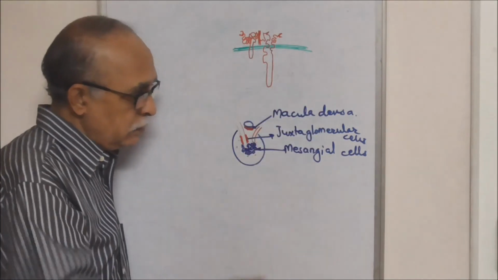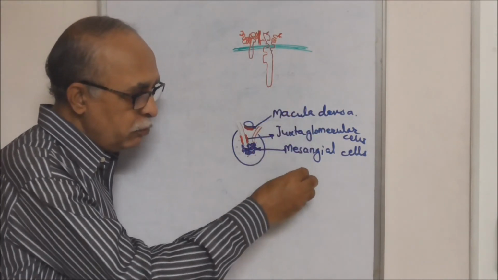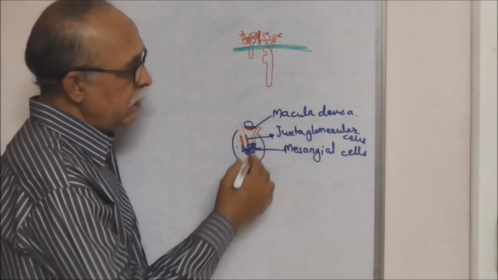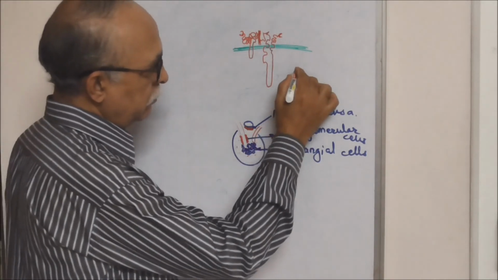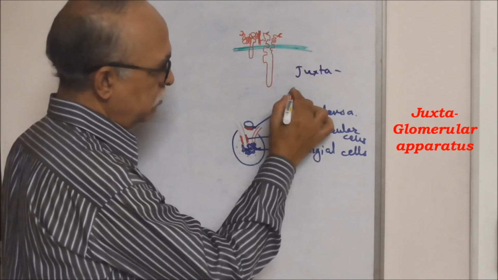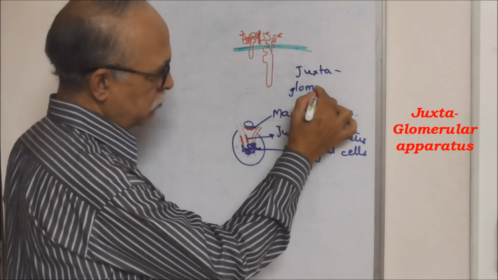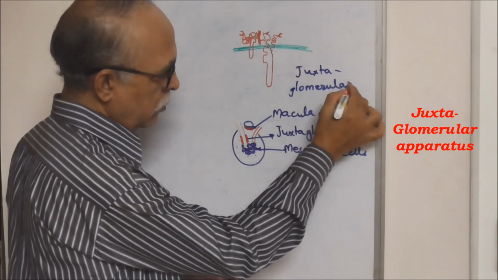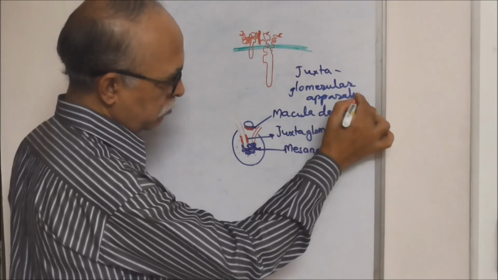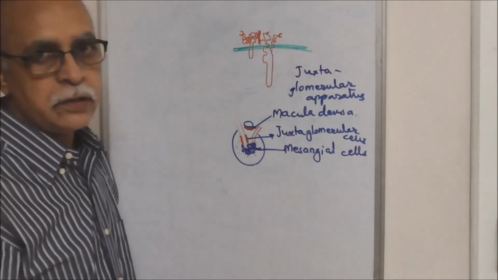All these together, macula densa, juxtaglomerular cells and mesangial cells, that's called the juxtaglomerular apparatus.